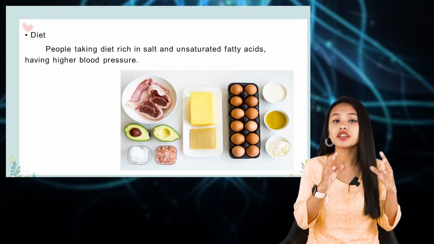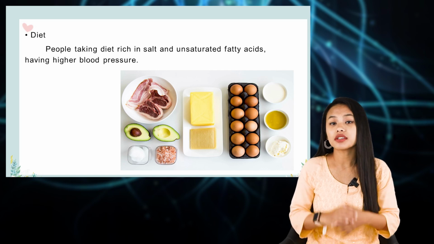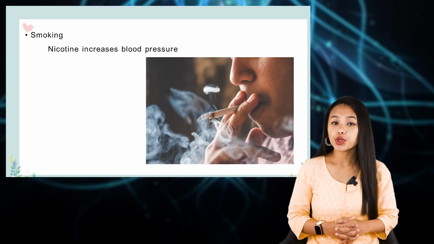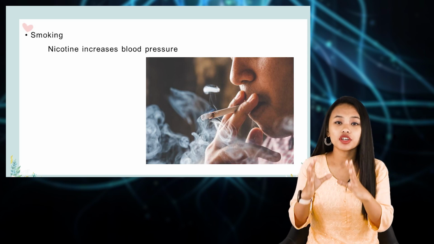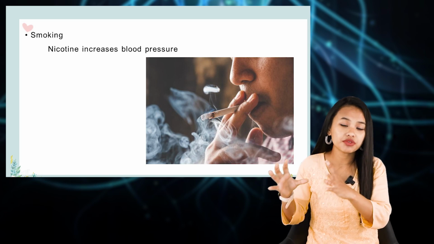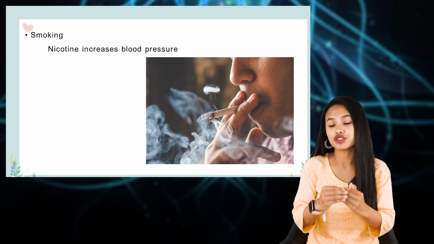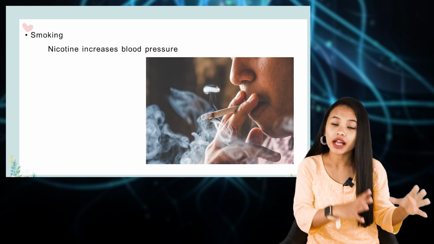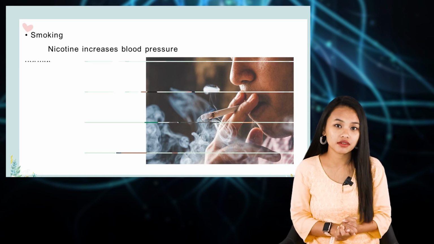Not only that, but even those who take caffeine or cocaine are seen to have higher blood pressure. And even people who have the habit of smoking will have an increased blood pressure. Why? Because nicotine will be present, right? This nicotine is the one which will increase the blood pressure of an individual.